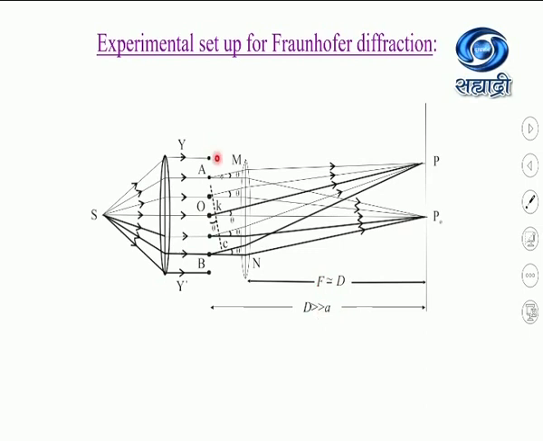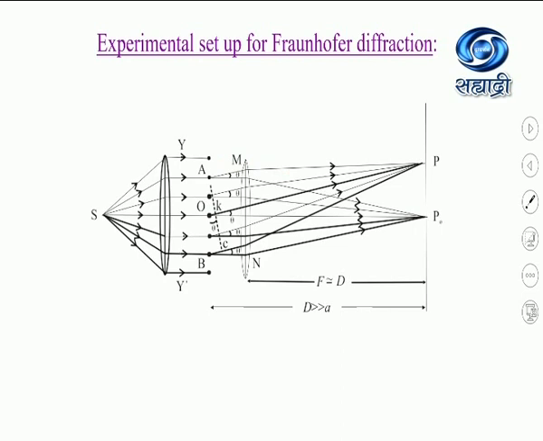Now when all the slit elements emit cylindrical wavelets, they interfere with each other and we get the diffraction pattern obtained on the screen. We consider point P0 on the screen, which is directly in front of point O, where O is the center of the slit.